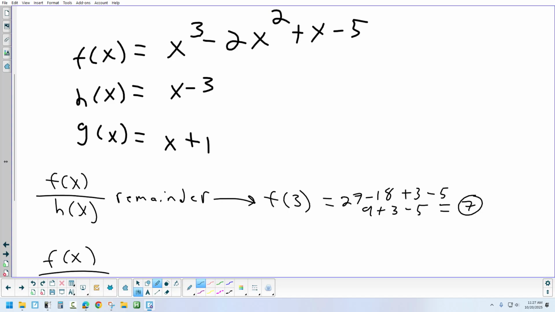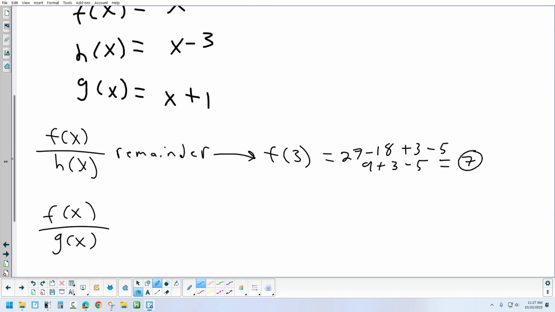Does the remainder theorem apply here? So it has to be x minus a number or something that could be rewritten as x minus a number. Could you rewrite x plus 1 as x minus a number?